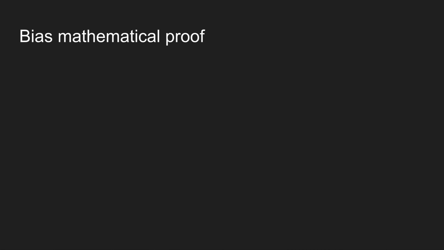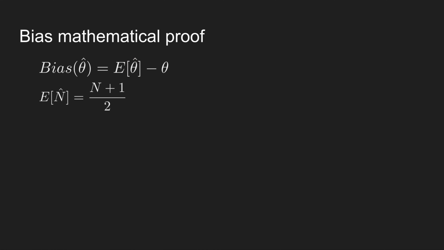How can we mathematically prove that our solution here is biased? The formula for the bias of theta hat is equal to the expected value of theta hat minus the actual value of theta. Our expected value of n hat is equal to (n plus 1) divided by 2. The bias formula is (n plus 1) divided by 2 minus n.